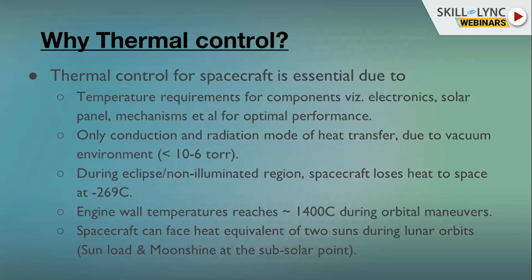Now, this is a specific case for the lunar missions. When the spacecraft reaches the lunar orbit, there's a point called the subsolar point where your spacecraft can be in between the sun and the moon.